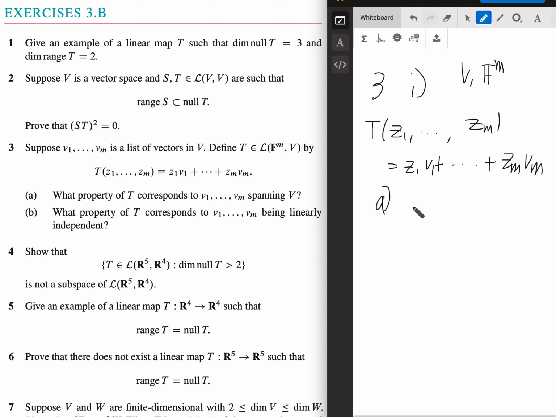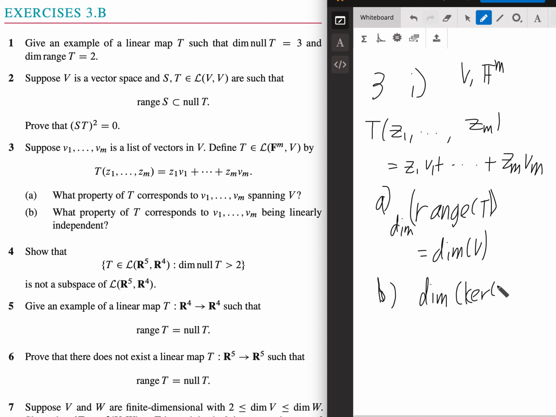What property of T? So you're probably looking at the range. If the dimension of the range of T is the same as the dimension of V, then you're good. But I'm not sure if that's a property of T. About the linear independence, what you probably want is for the dimension of the kernel to be 0.